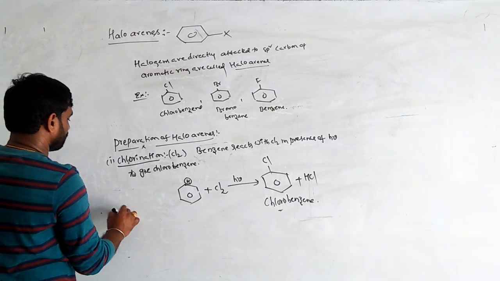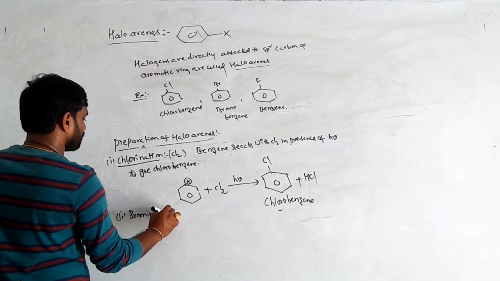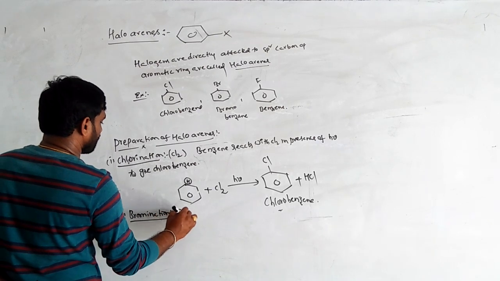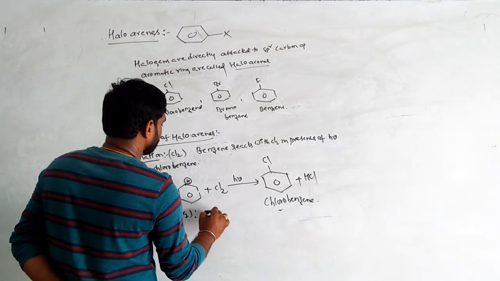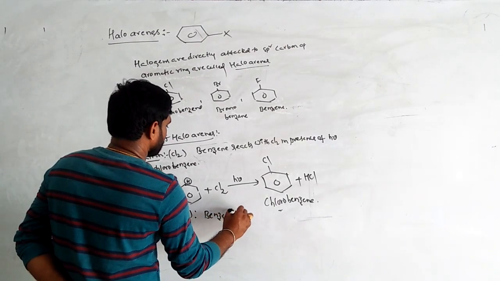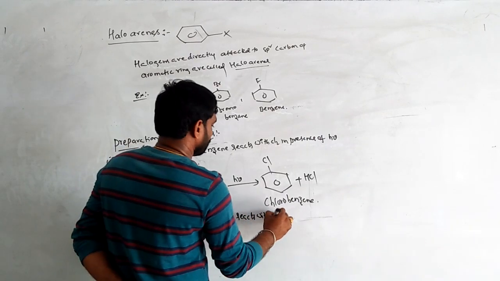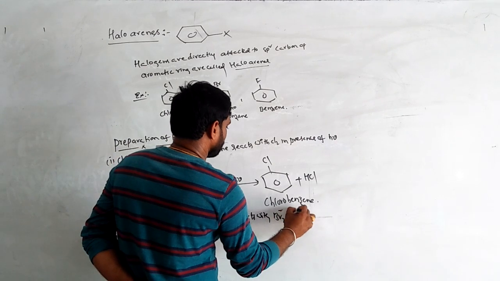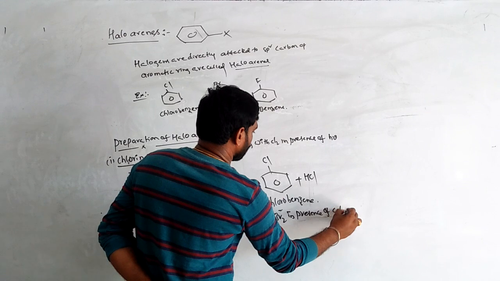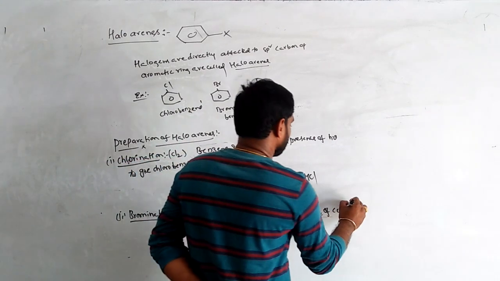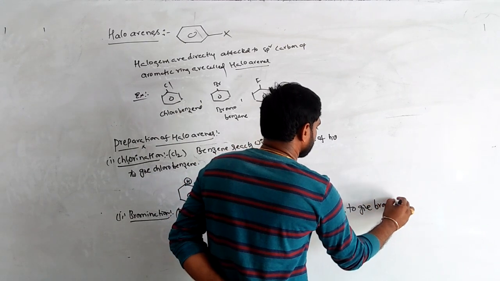Second one, bromination. Bromination means reaction with bromine. Here also benzene reacts with bromine in presence of CCl4, carbon tetrachloride, to give bromobenzene.